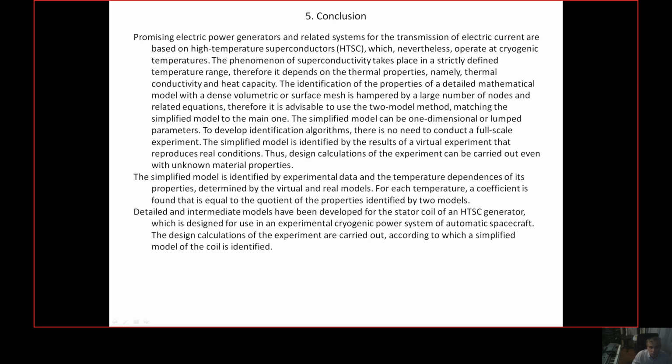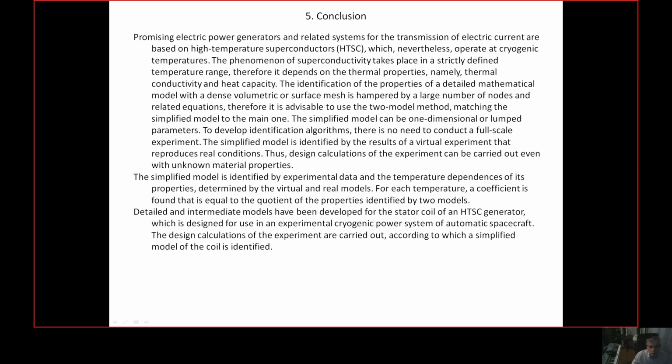The simplified model is identified by the result of a virtual experiment that reproduces real conditions. Thus, design calculations of the experiment can be carried out even with unknown material properties.